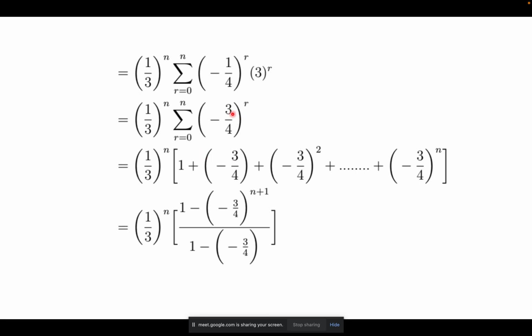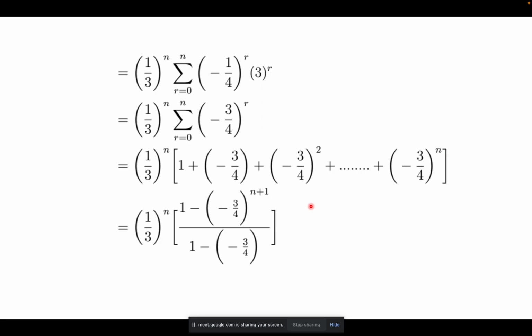Now I can again use the geometrical progression. Earlier we were dealing with the infinite geometrical progression, but here you need to take the geometrical progression from r=0 to n, right? So I can write it as (1/3)^n, and I write a few terms of the summation by putting some values of r. If I put r equal to 0, I will get 1. If I put r equal to 1, I will get minus 3 by 4, and similarly you go on till you put n.